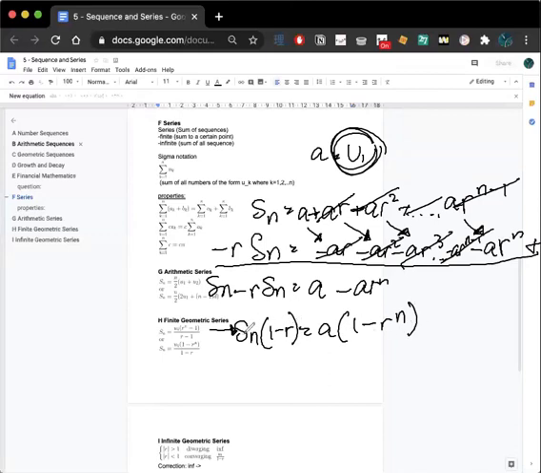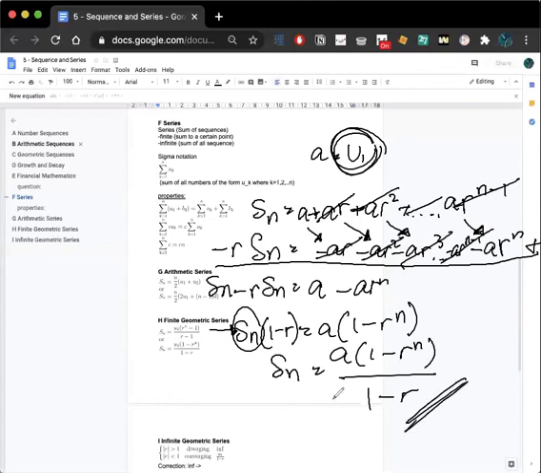Then you move the terms so there's only Sn on one side, giving Sn equals a times (1 minus r to the power of n) over (1 minus r). And that's how you get the formula, assuming that r is not equal to 1, because if r is equal to 1, then you can't find the result.